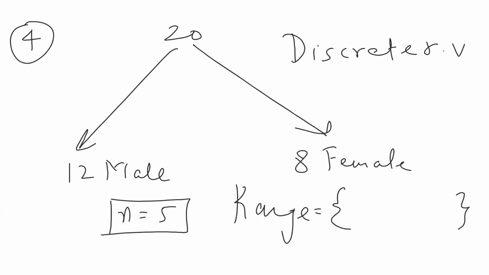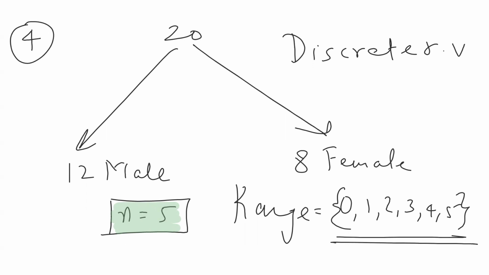So he's selecting only 5 rats. So out of 5, there can be 0 female rats, 1 female rat, 2, 3, 4, or 5 female rats. So this is the range because he's only taking into consideration 5, not 20. So the range is the number of female rats out of 5. So there can be 0 female rats, 1 female rat, 2 female rats, 3, 4, and 5. Right?